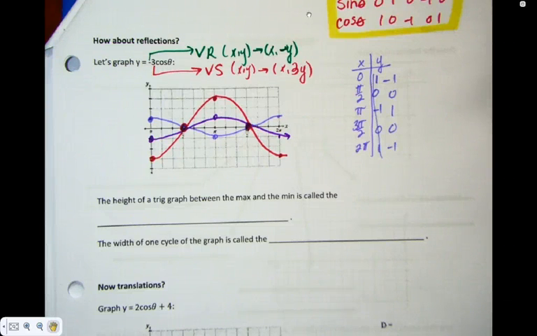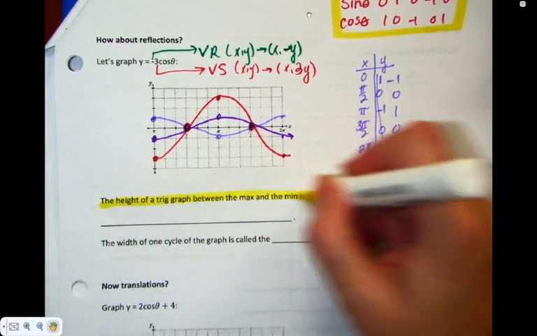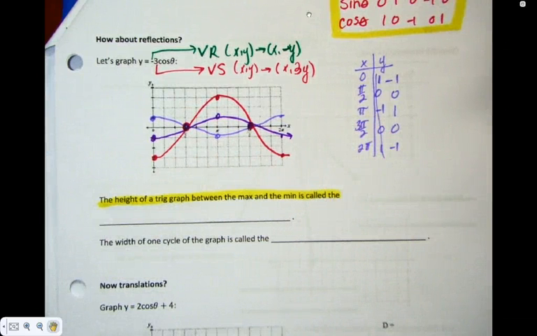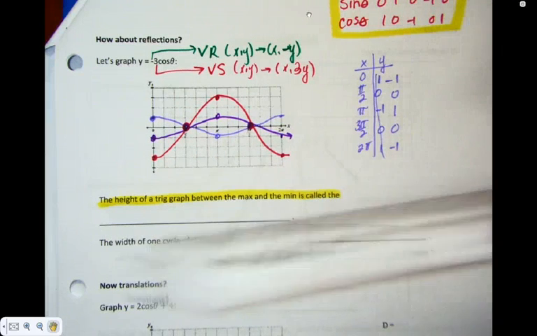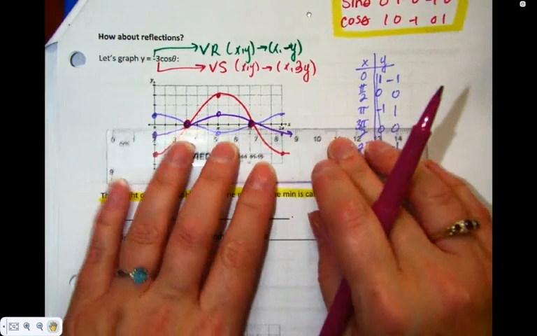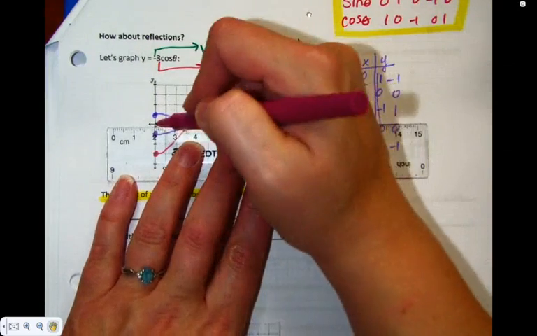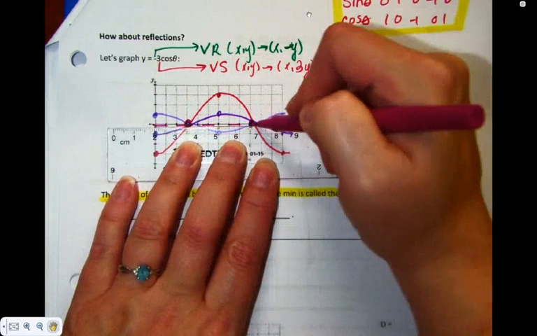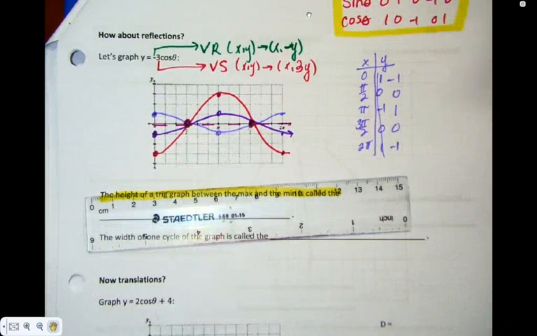Two definitions you need to know. The first one is the height of a trig graph between the max and min value. The height of a graph between the max and min value. I'm just going to put, not an asymptote, but I want to just kind of highlight the x-axis, so I'm just doing it dotted because it's not really part of the graph.